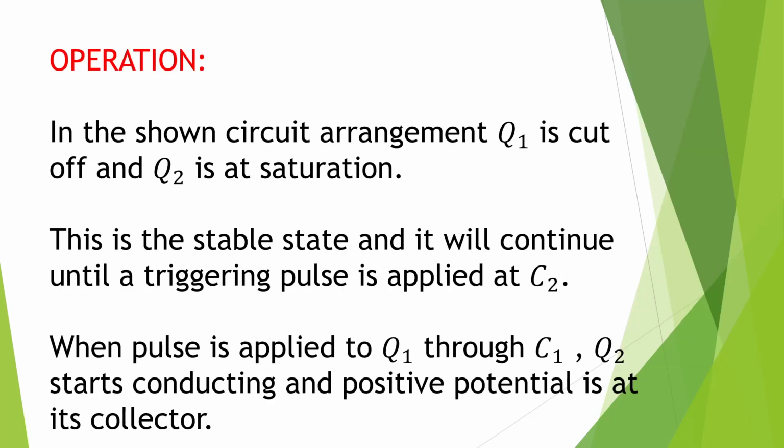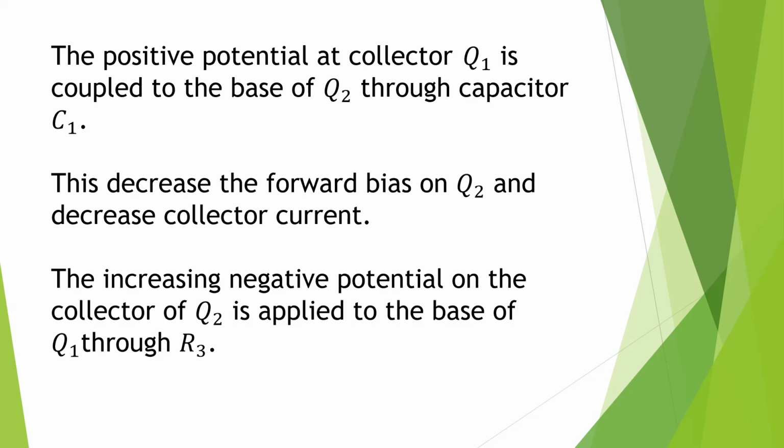Operation. In the shown circuit arrangement, Q1 is cut off and Q2 is at saturation. This is the stable state and it will continue until a triggering pulse is applied at C2. When the pulse is applied to Q1 through C1, Q1 starts conducting and a positive potential appears at its collector. The positive potential at the collector of Q1 is coupled to the base of Q2 through capacitor C1.